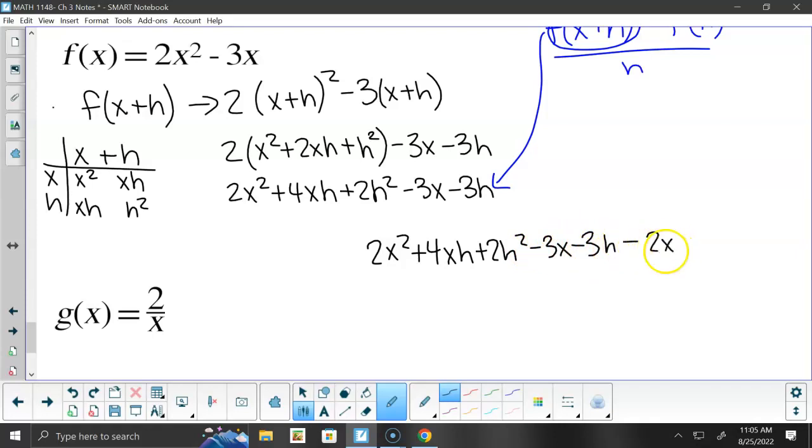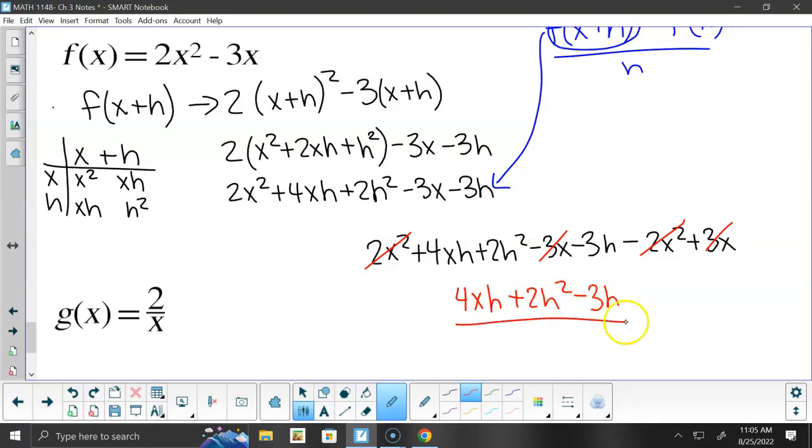So 2x squared plus 3x. You distribute it. And then all of this is divided by h, so I'm actually going to show that. So this and this go away, this goes away. So I'm left with 4x plus 2h, and remember that is multiplied by 1.